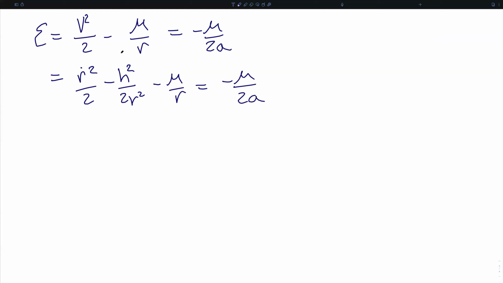We start with the specific energy. The specific energy is the velocity squared over 2 minus gravitational parameter over r, and is equal to negative the gravitational parameter over twice the semi-major axis for all orbit types. We further rewrite this as, recall that we derived this form when defining the effective potential.